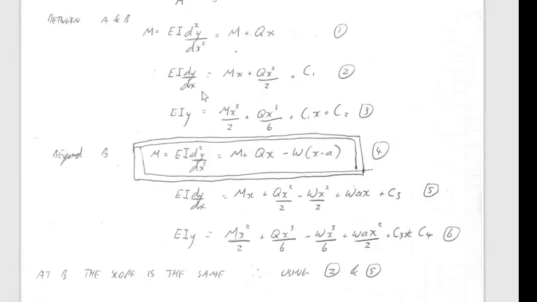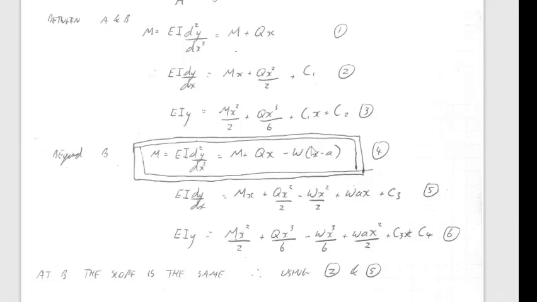We've then got the slope between A and B, and we've got the slope beyond B. Okay, and we got that by expanding this bracket and integrating all of those individual terms with respect to x and adding our constant of integration on there. And then we've got the deflection between A and B, and we've got the deflection beyond B. Okay, again, think how we arrived at that.